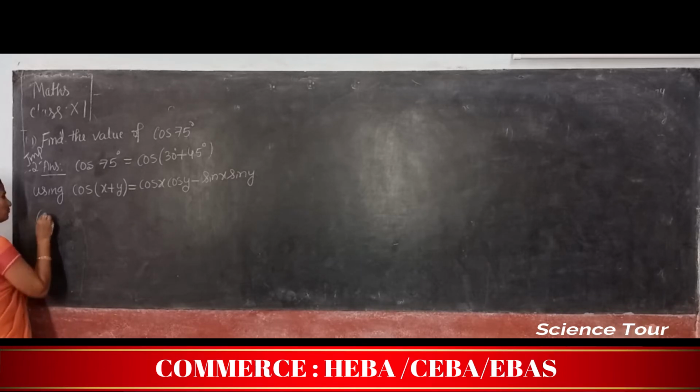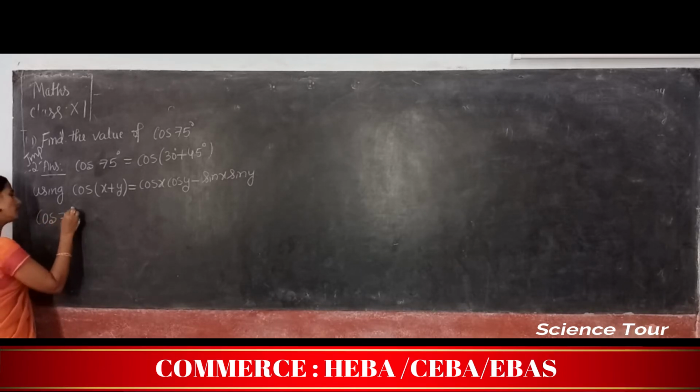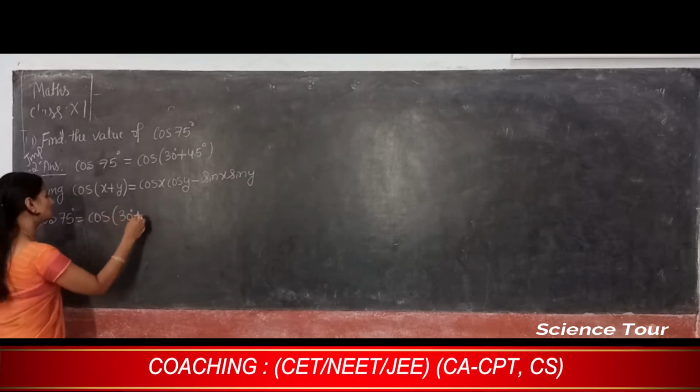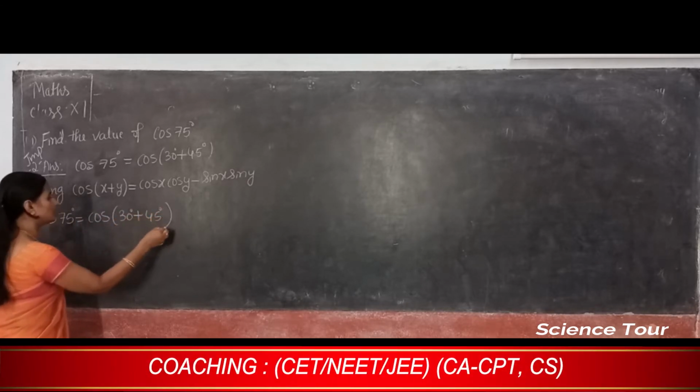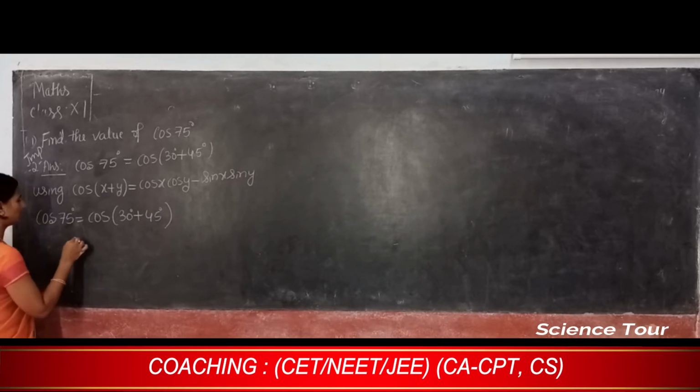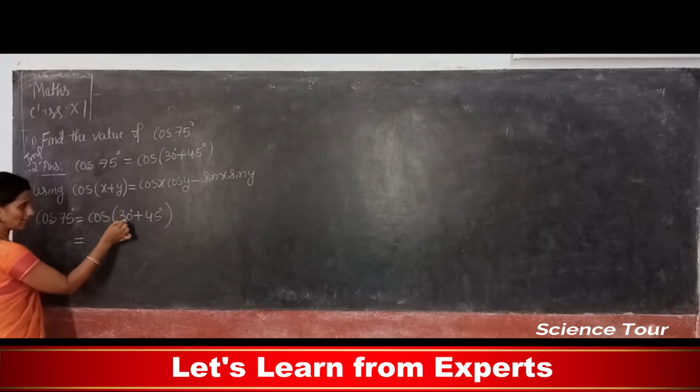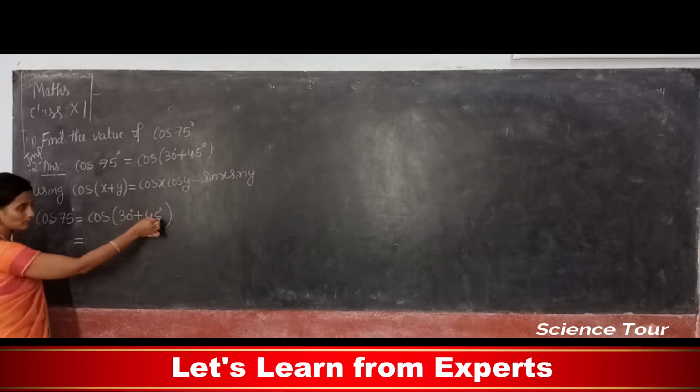So now simplification, cos 75 degree is equal to cos 30 degree plus 45 degree, which is equal to cos x plus y. X is 30, y is 45 degree.